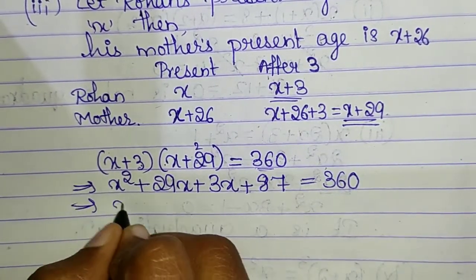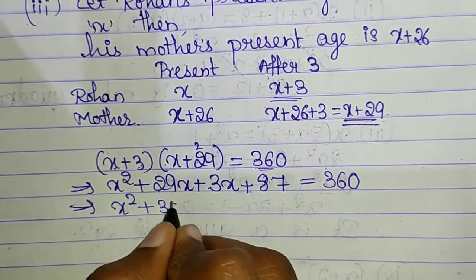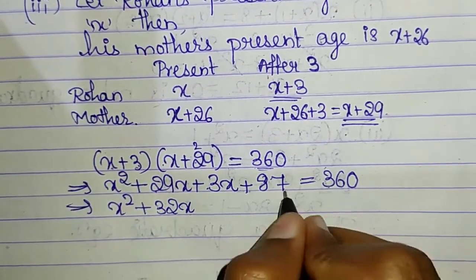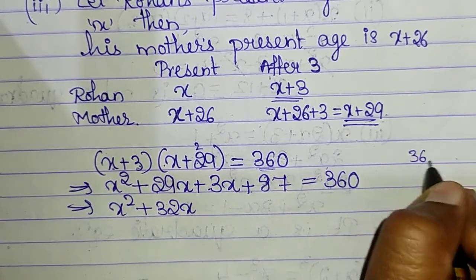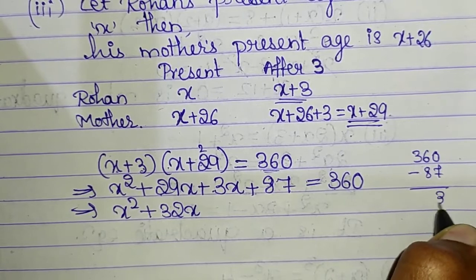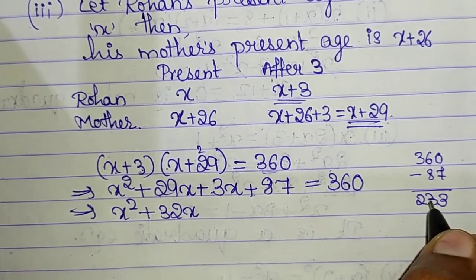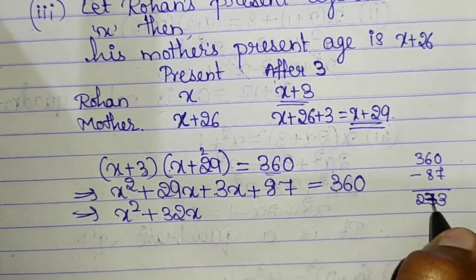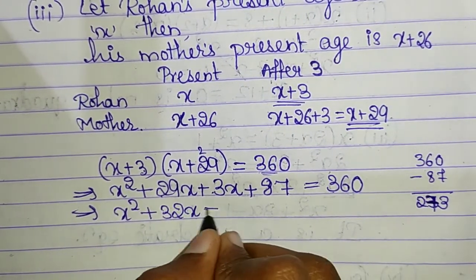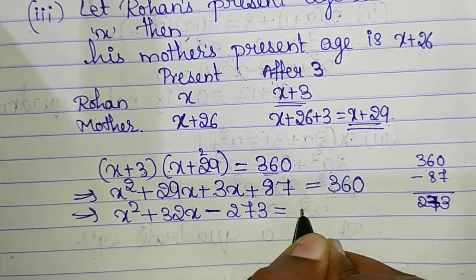So 360 minus 87, we get 273. So x square plus 32x minus 273 is equal to 0.